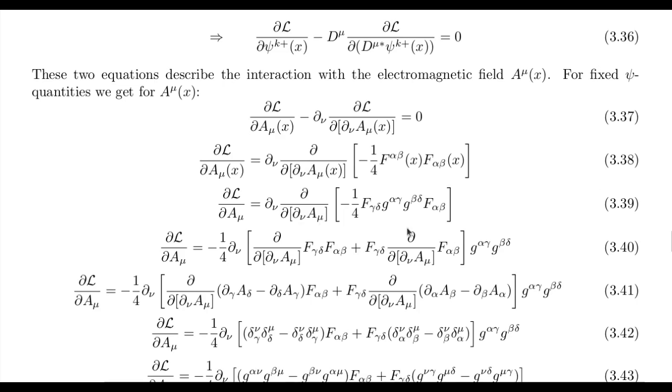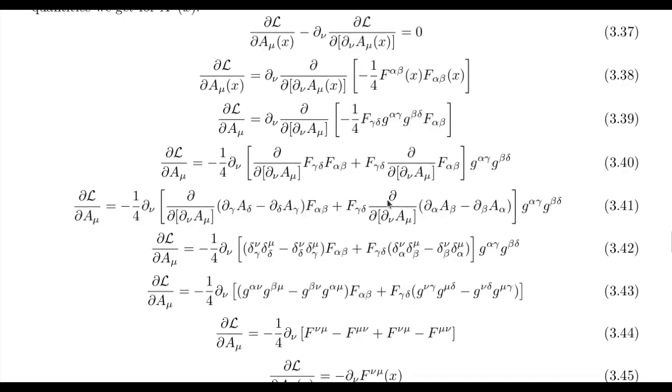And so we use the metric tensor G to make out of these two contravariant indices, alpha, beta, two covariant indices, gamma, delta. Then we can factor out minus quarter here, and then we write this d mu A mu into the brackets.